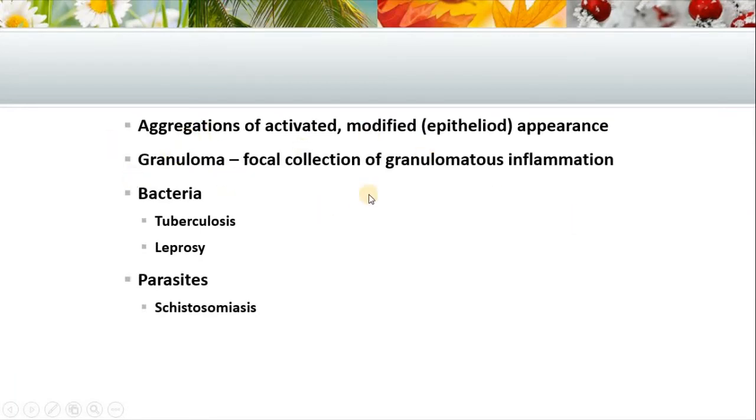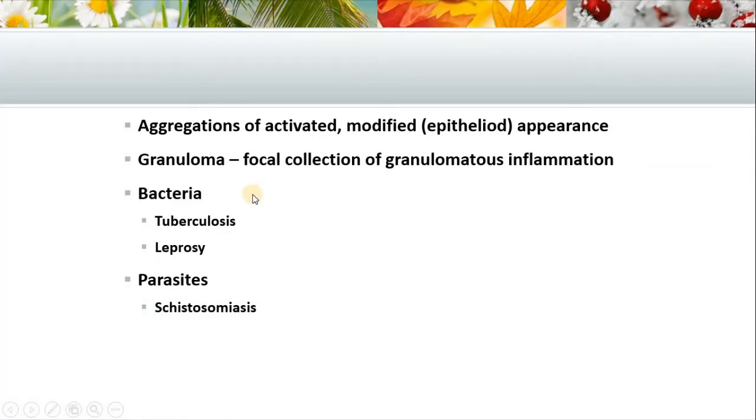Now, granuloma. These are focal collections; when activated or modified epithelioid macrophages form a focal collection, it is known as a granuloma. Granulomas are formed by various types of organism or non-organism processes.